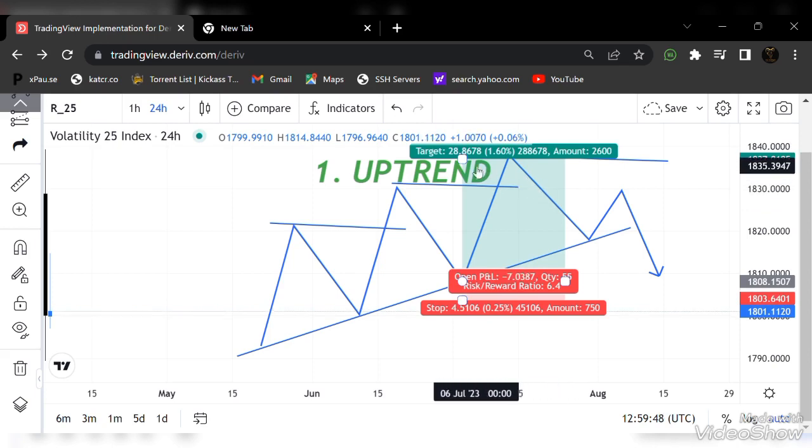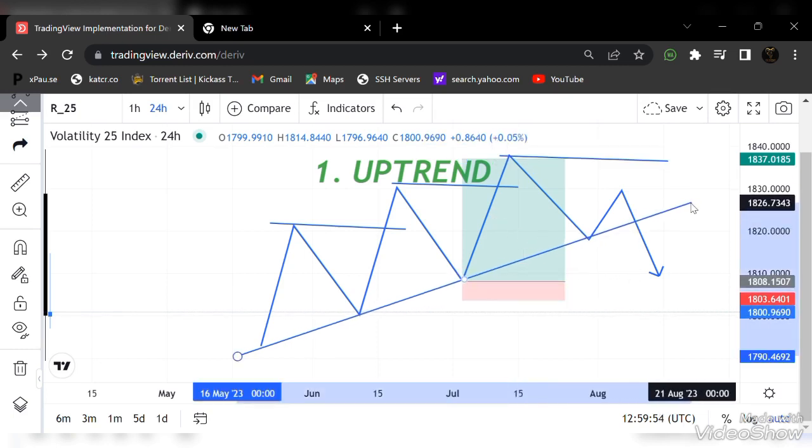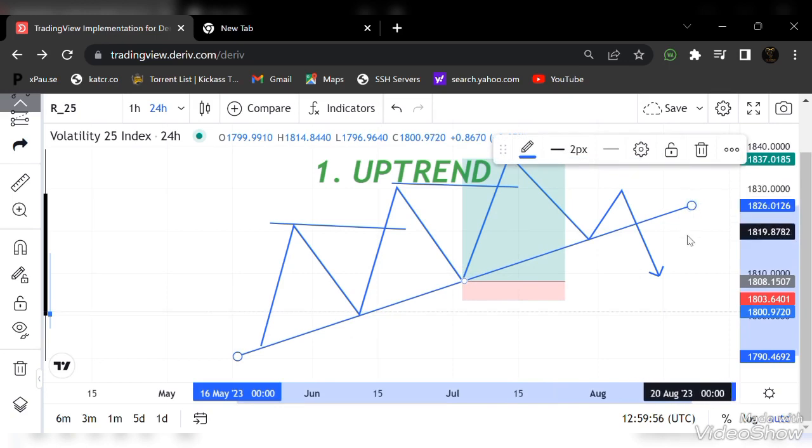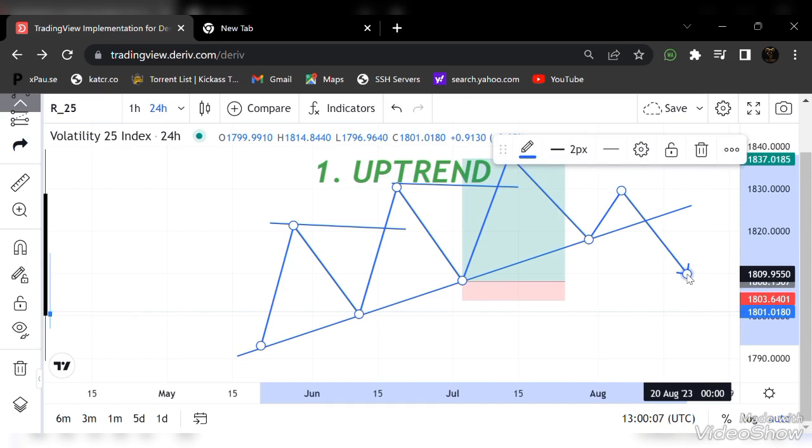The other thing that we need to understand is, if price breaks this trend line right here, it could actually indicate a possible reversal. For example, if you're in an uptrend and you have entered, and then price broke this trend line, you shouldn't still hold that trade.